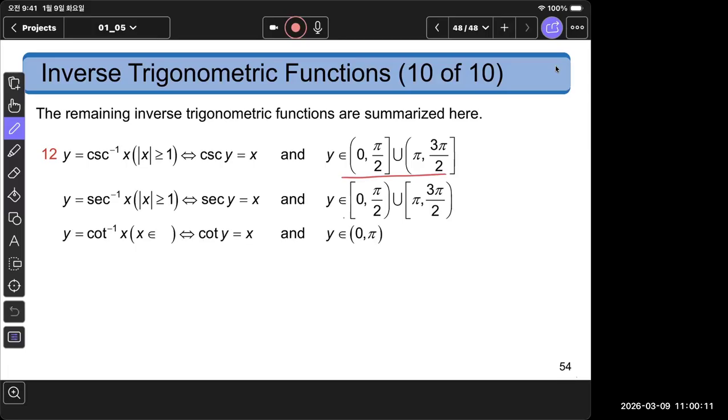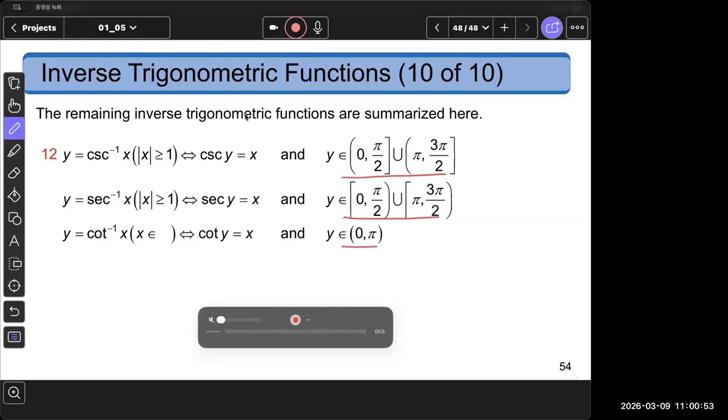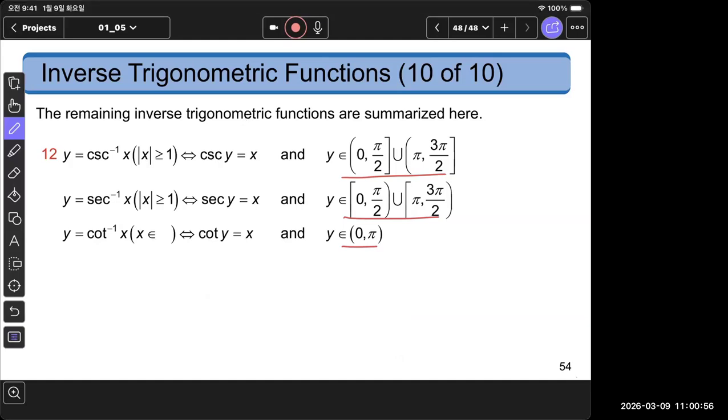These intervals are used for those functions, so that these functions become one-to-one on this restricted domain.